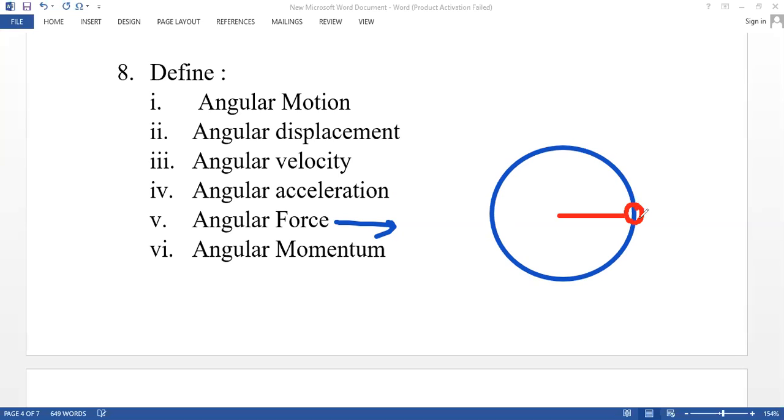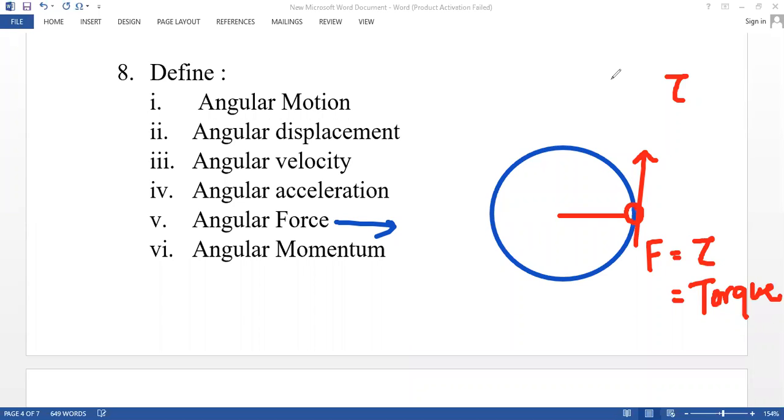If you apply force here, that is the linear force. But in the case of angular motion, this force will be termed as angular force, and that will be torque. It is indicated by tau. It will be discussed in the next class. Tau, that is torque.